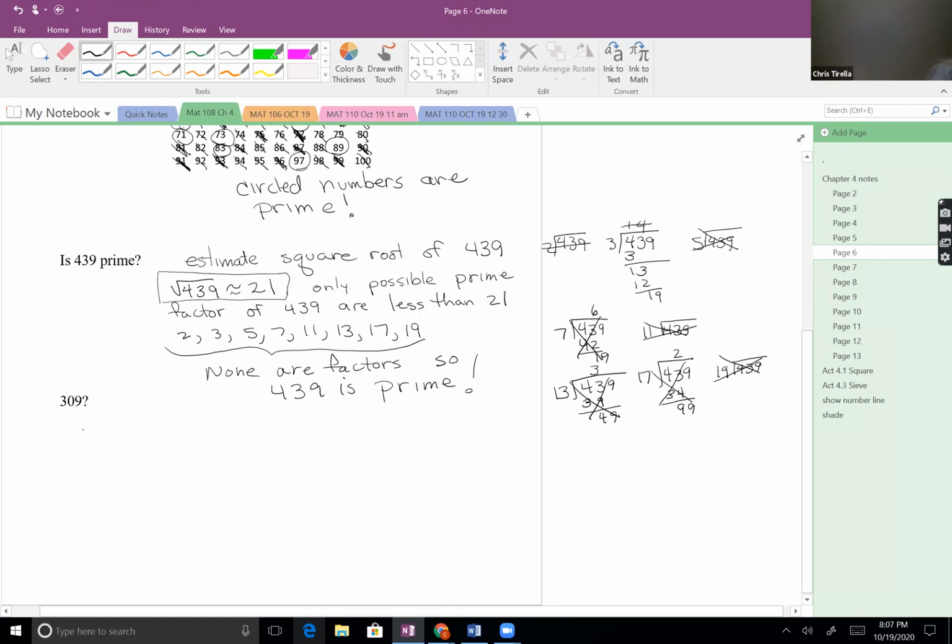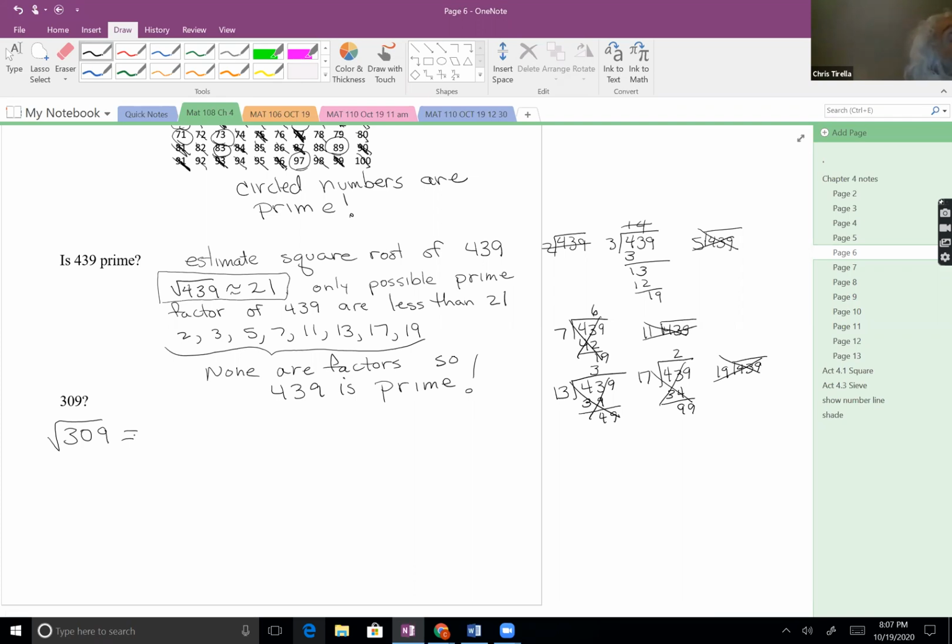So is 309 prime? In the same way, if I look at the square root of 309, and again, I won't ask you folks to find the square root of a number like that by hand, that I would give to you if I were looking at a test or quiz. I have to apologize. The light in this room is so bad.